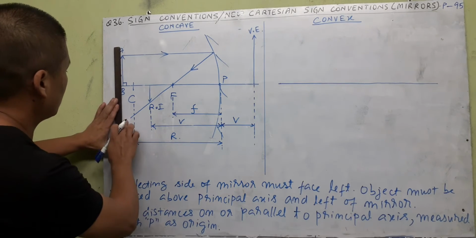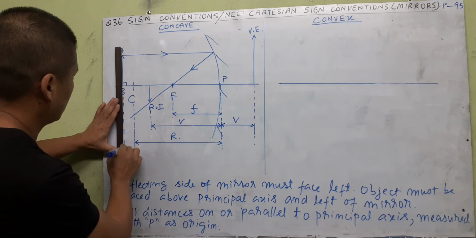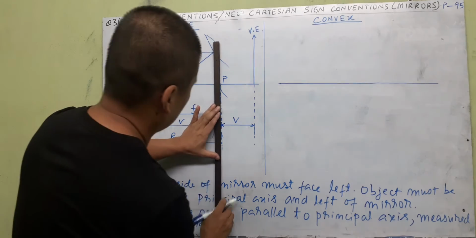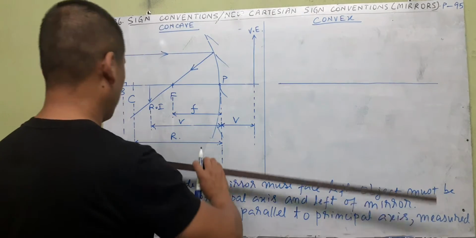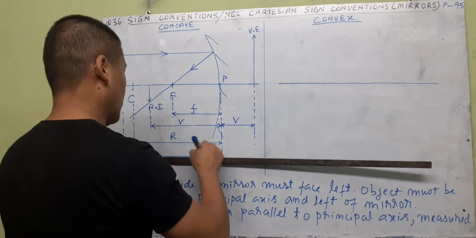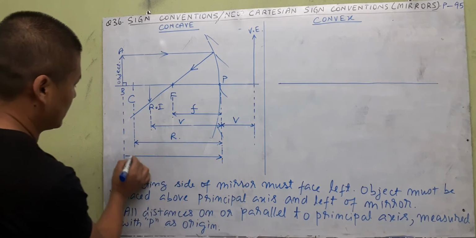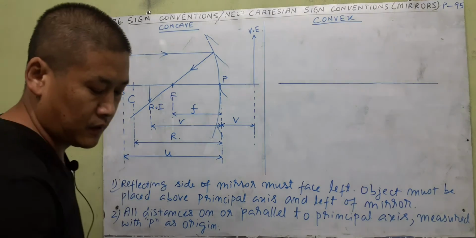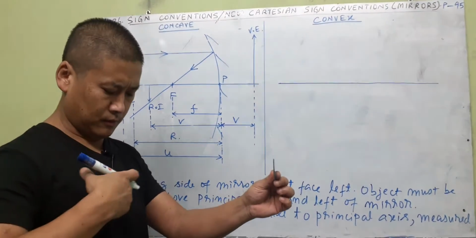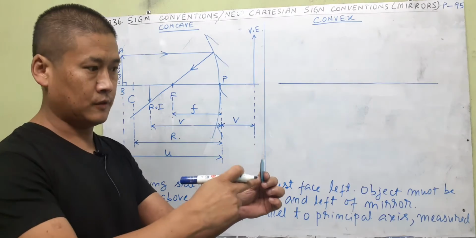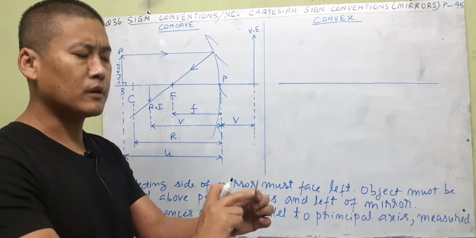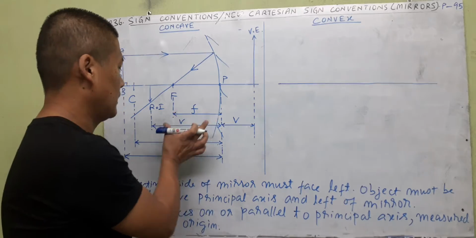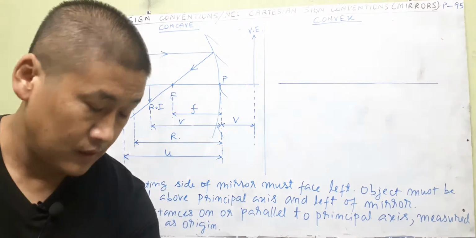Then the distance between the object, this object here, and the mirror or pole is called the object distance. How far the object is from the mirror is called object distance, U. See, if I'm standing in front of the mirror, I'm the object, so the distance between me and the mirror is called object distance. The distance between the mirror and the image is called image distance V.